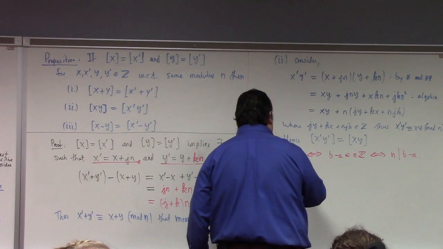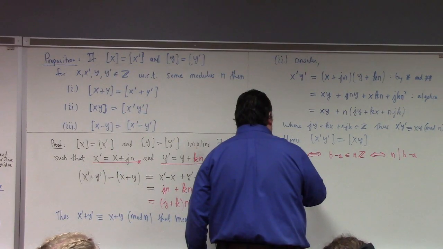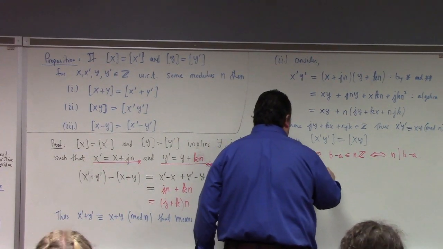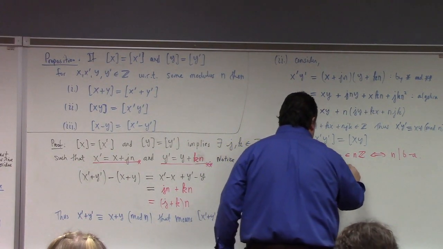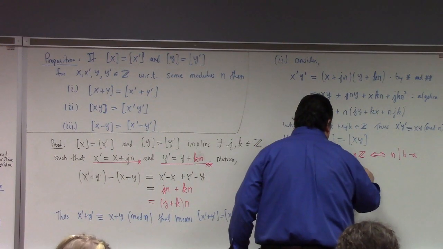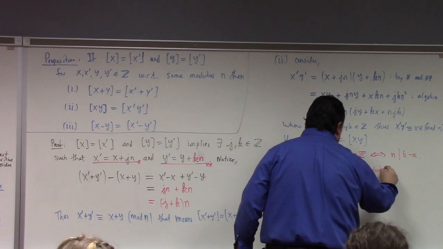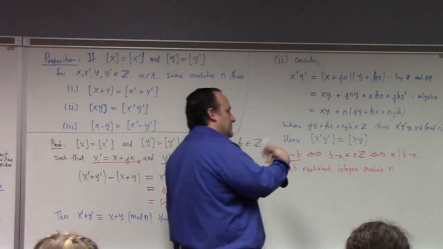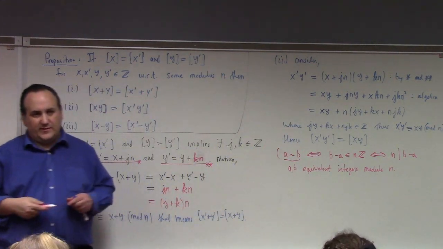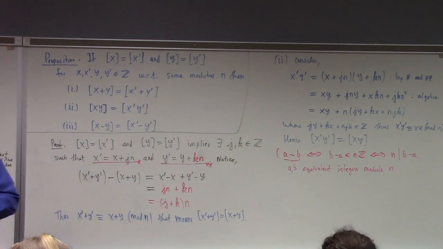I'm meaning this to mean A and B equivalent integers modulo n. There's a lot of different language we use here for the same equivalence because it's so commonplace, all right? So I'm trying to use a little bit of each.